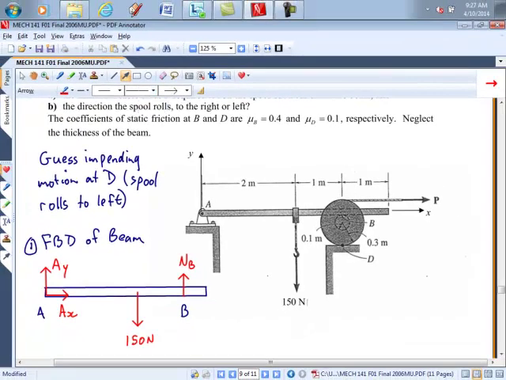If I pull the spool this way, it's going to be pulling the beam to the right. So the friction force would be to the right, which means my reaction force is going to be in the opposite direction. That's okay, that'll resolve itself. And sorry, we have one more: the weight of the beam. The weight of the beam happens to act at exactly the same point as the 150 newtons.